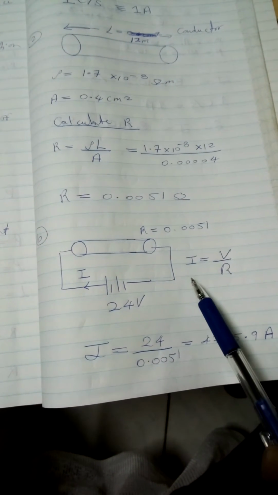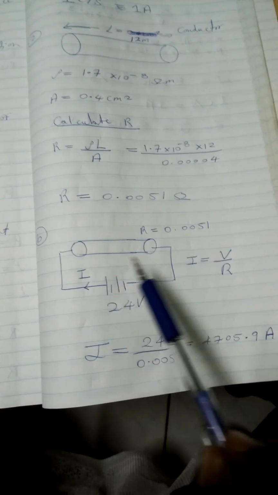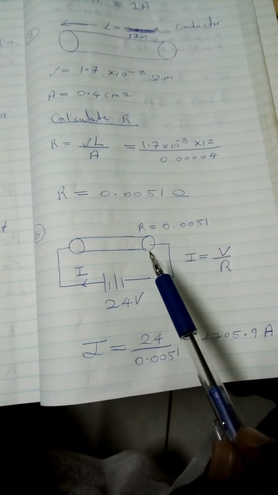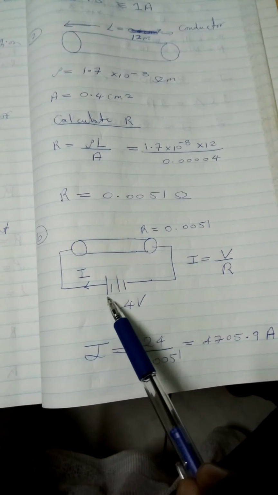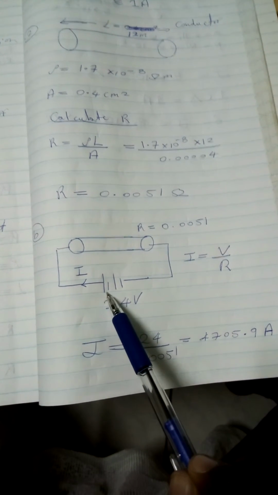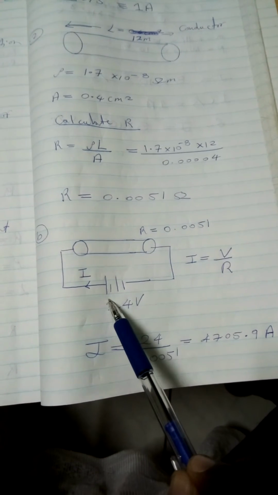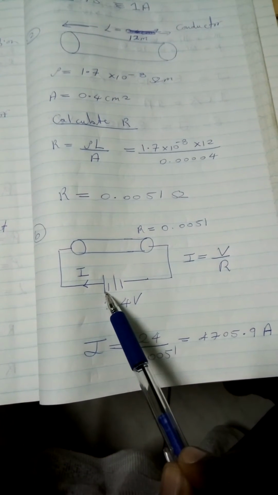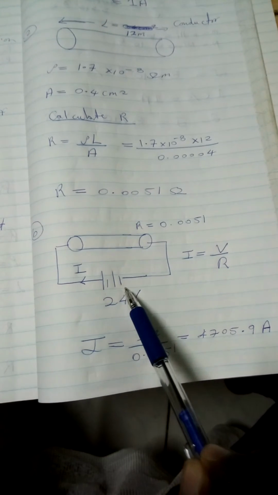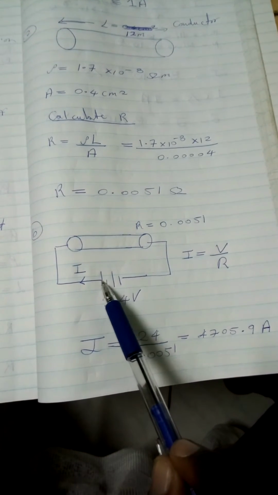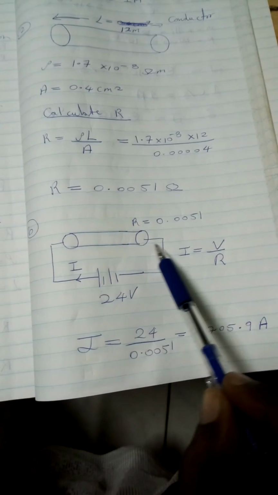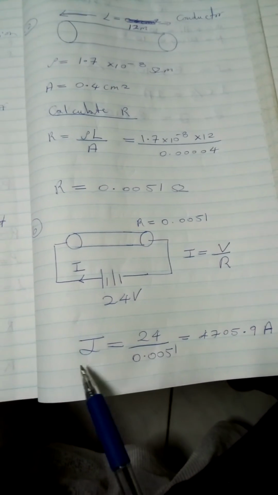And that was what we said earlier on, that once there is a potential difference across any conductor, current will flow. We know that conventional current will flow from high potential to low potential. This long part of the wire is high potential, which is the positive part, and this is low potential. So conventional current will flow from the positive terminal all the way around to the negative terminal.